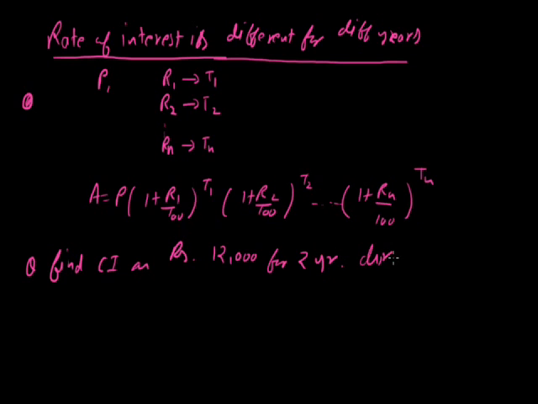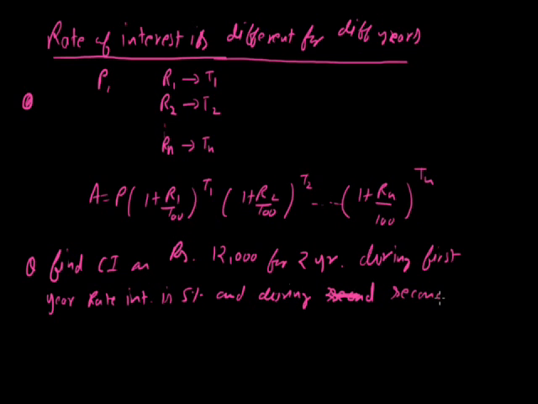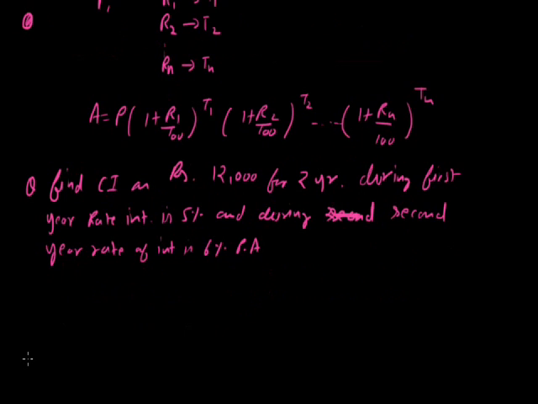During the first year, the rate of interest is 5%, and during the second year, the rate of interest is 6% per annum. So here the rate of interest is different for the different years. So let's see the solution.